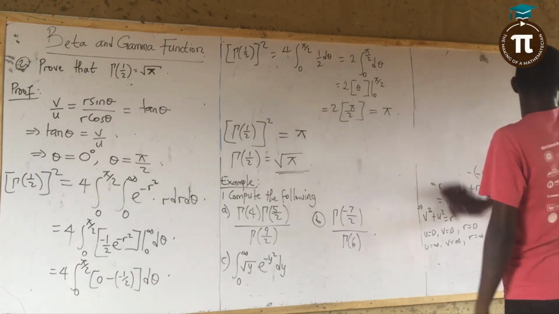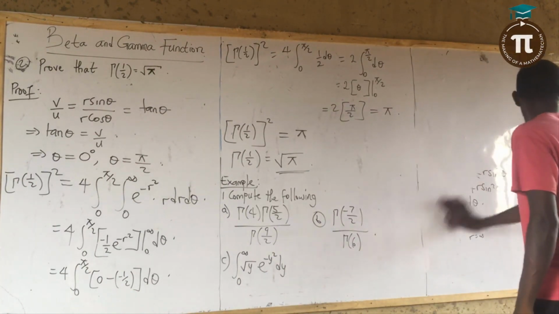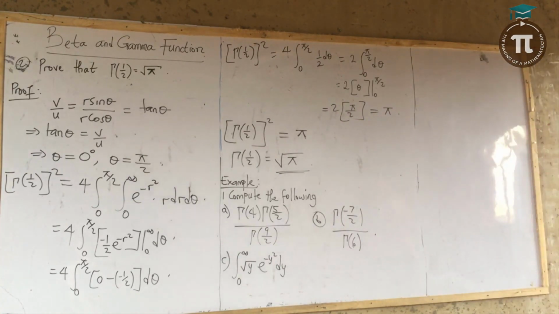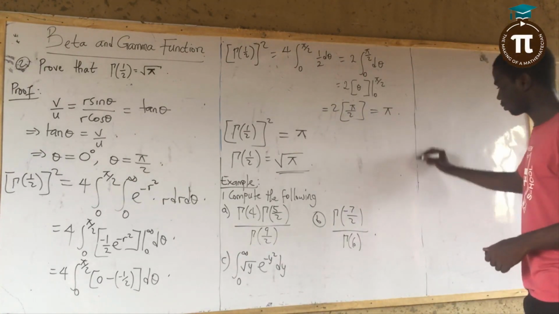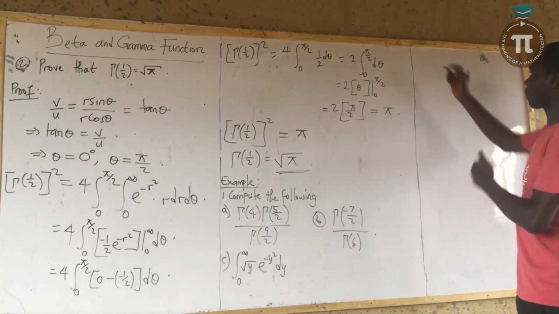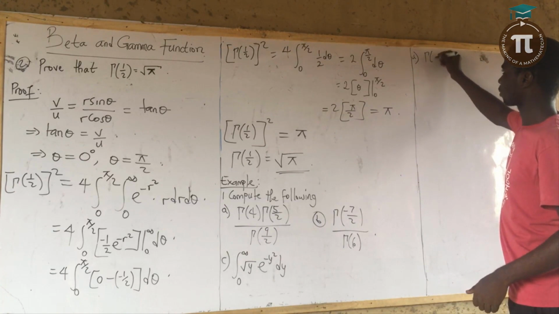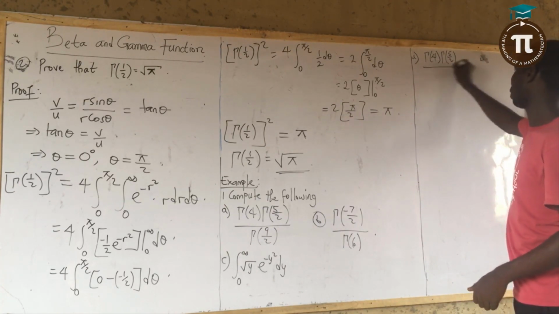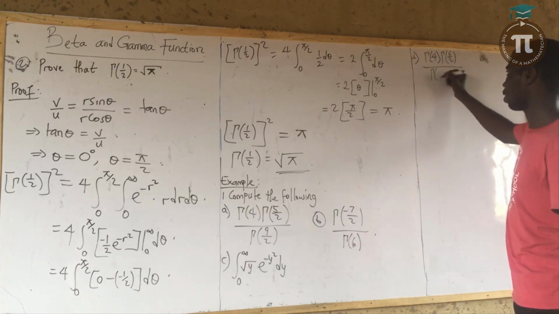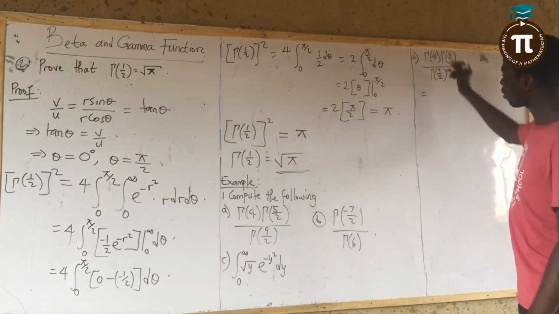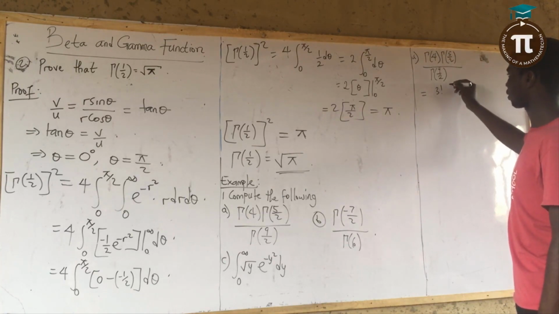So this is what we are going to do. For the first one, A, gamma of 4, gamma of 5 over 2, all over gamma of 9 over 2.